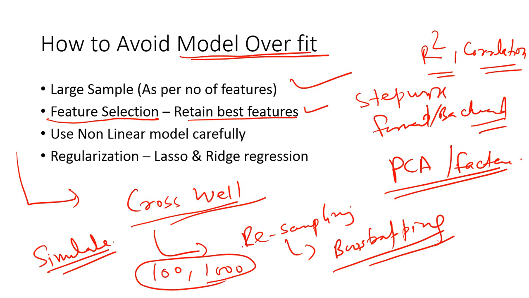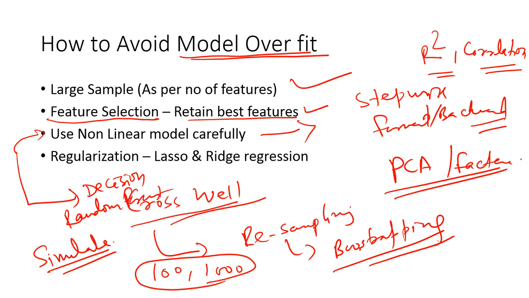If that is the case, then the model is good, otherwise not. So you have to be very careful when you're using nonlinear models or tree-based models like decision tree or random forest, and so on. If you're using linear regression, you need not do bootstrapping. You just need to do the in-time and out-of-time validation.